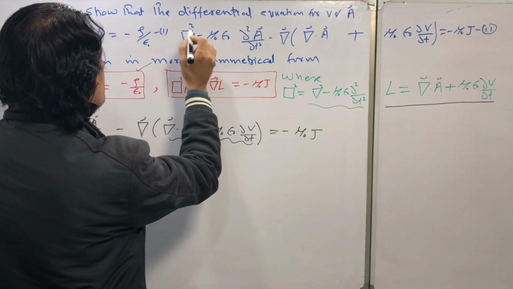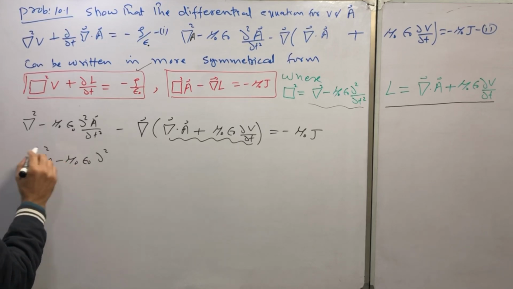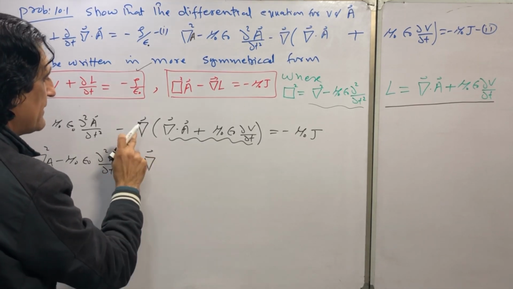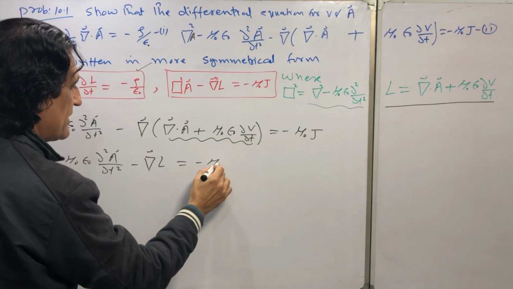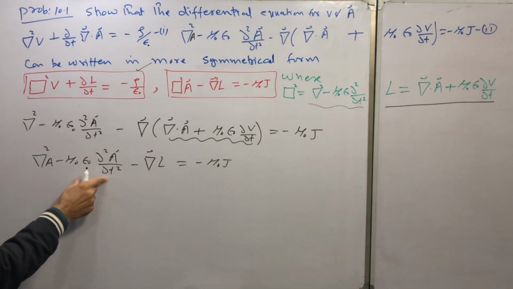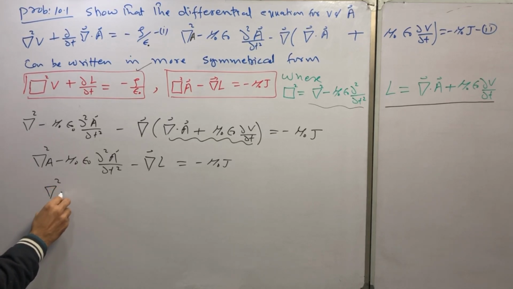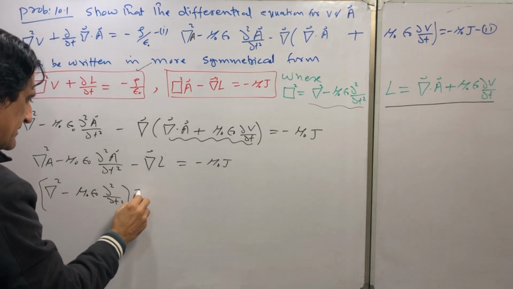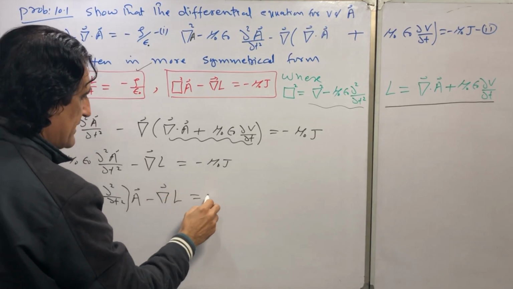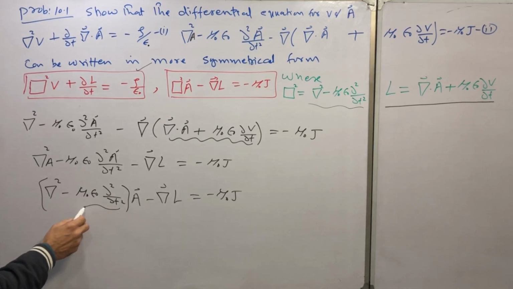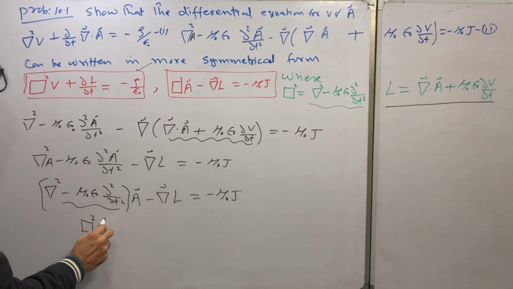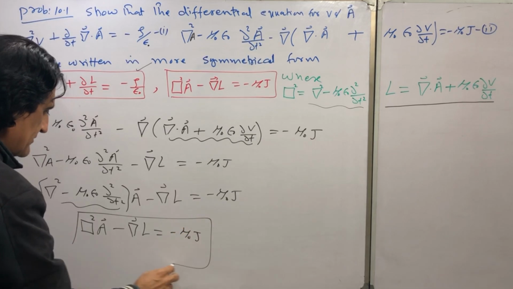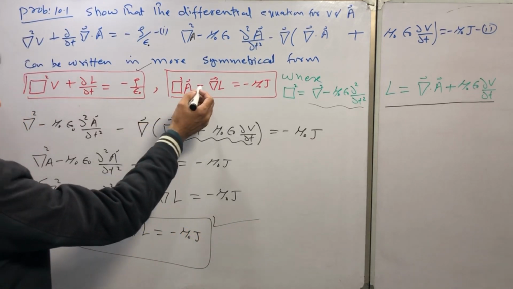Yes, this is partial square A divided by partial T square, minus del L, which is equal to minus mu naught J. Taking A common from these two terms, del square minus mu naught epsilon naught partial square divided by partial T square acting on A, minus del L, equals minus mu naught J. Once again, this is D'Alembertian square A minus del L, which is equal to minus mu naught J. So this is the required symmetric form.